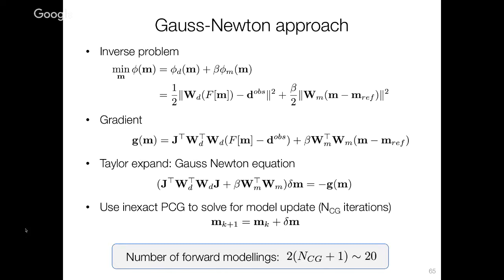We have to solve this system through a conjugate gradient algorithm. Every time we multiply J onto something or J transpose, it's a forward modeling. So the number of forward modelings, and that's the key, is basically 2 times the number of conjugate gradient iterations. So maybe that's 20. So let's imagine we're doing 20 steps in this Gauss-Newton.